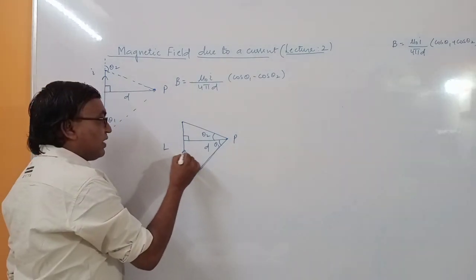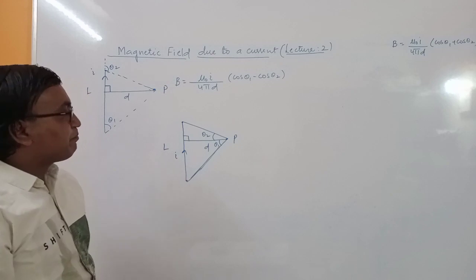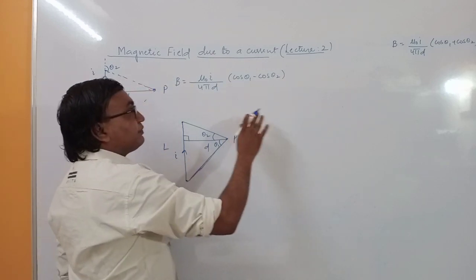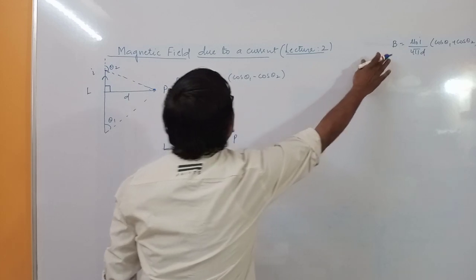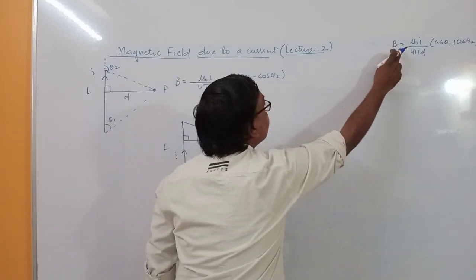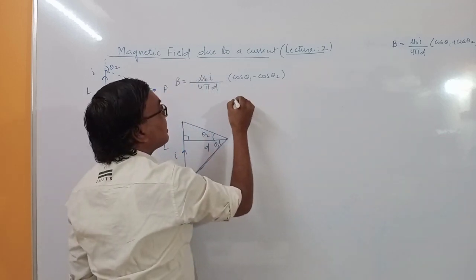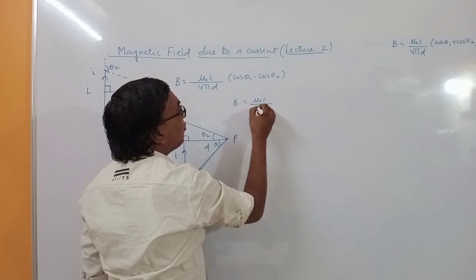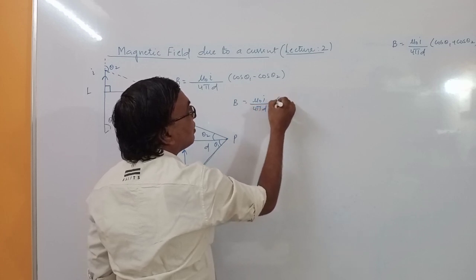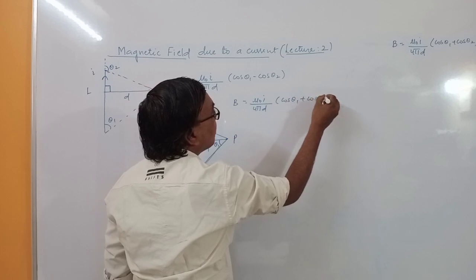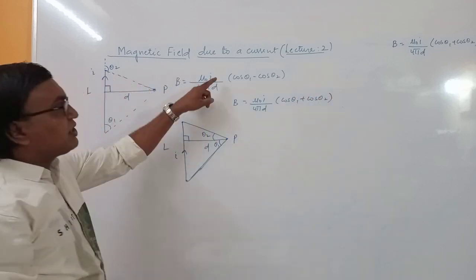And of course this wire is carrying a current I. Now the formula which we are going to use is this. That is B is equal to mu naught I upon 4 pi d into cos theta 1 plus cos theta 2. We can use this formula also.